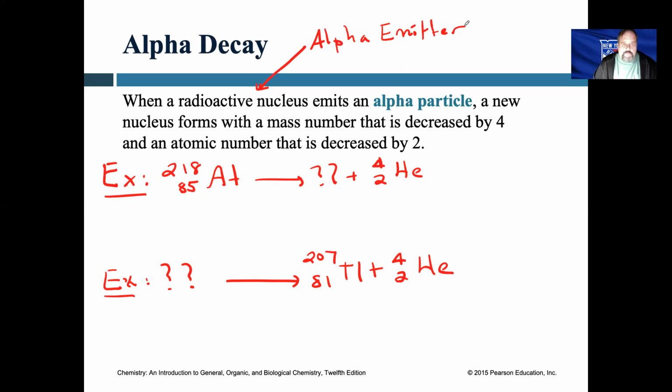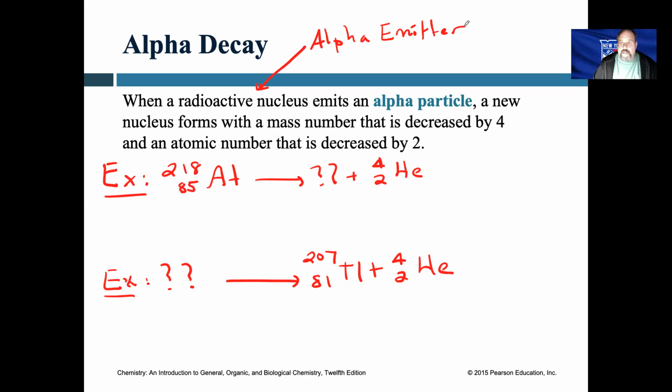So when a radioactive nucleus emits an alpha particle, a new nucleus forms with a mass number that is decreased by 4 and an atomic number that is decreased by 2. Because if you think about it, earlier we talked about what an alpha particle contains: 2 protons and 2 neutrons. So in theory, an alpha particle would have an atomic number of 2 and a mass number of 4.